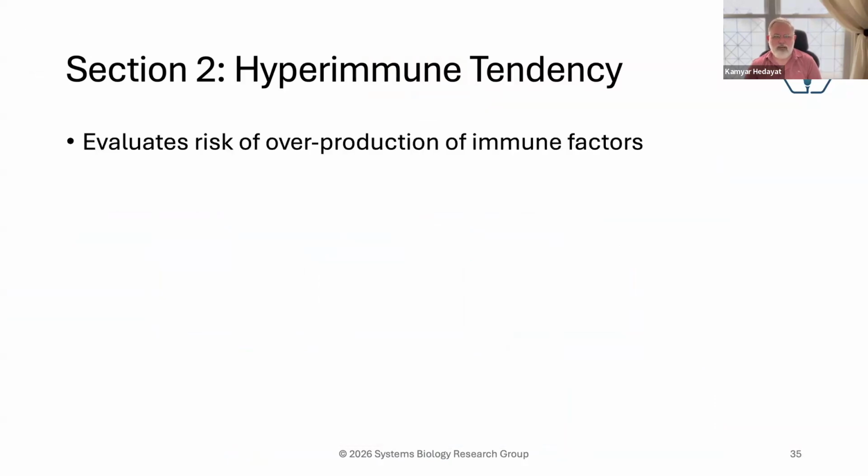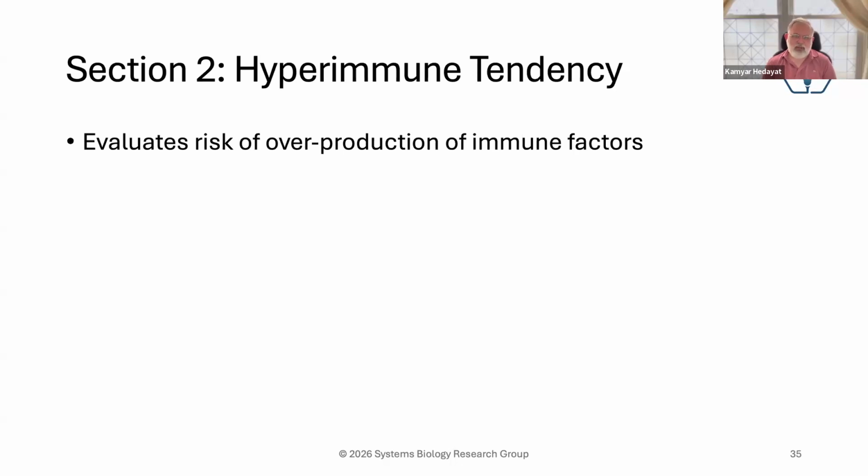The second new thing in this panel is the hyperimmune tendency index, and this evaluates the risk of overproduction of immune factors. The panel cannot determine if your patient is vagatonic or if they have a secondary overstimulation of parasympathetic activity. You need to determine that through your history taking and your exam.